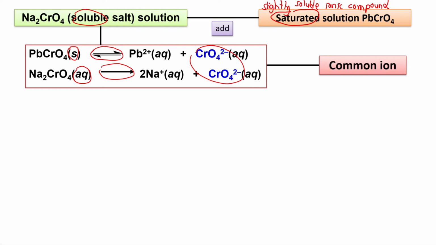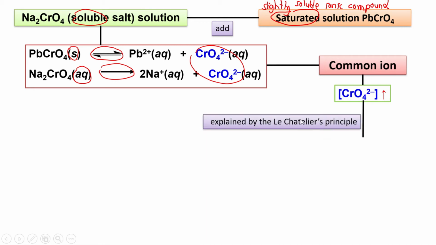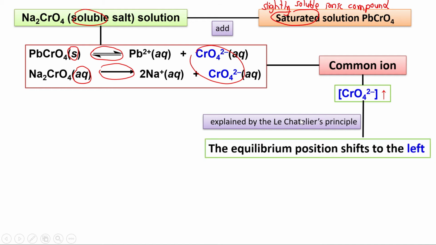So now, when we add the soluble salt containing a common ion, the concentration of chromate ion increases. How does this affect the solubility? As explained by Le Chatelier's principle, the equilibrium position will shift to the left. Why? Imagine a seesaw.